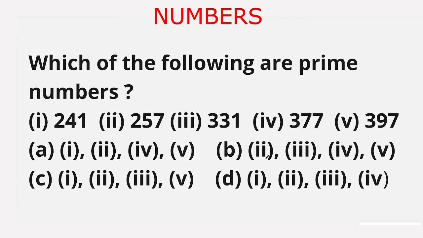Option B, second, third, fourth and fifth are prime. Option C, first, second, third and fifth are prime. Option D, first, second, third and fourth are prime. So we will verify all the numbers and reach the answer.